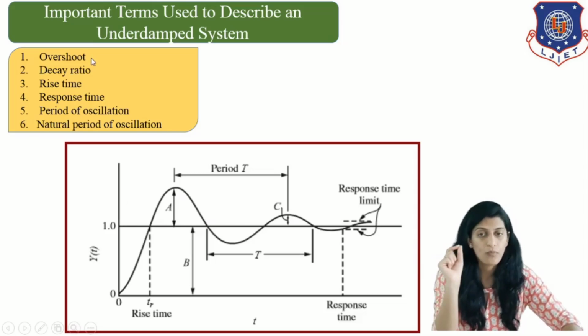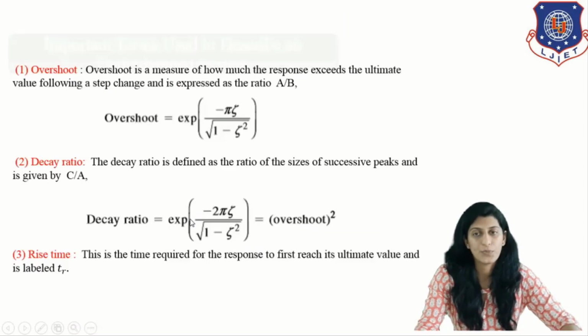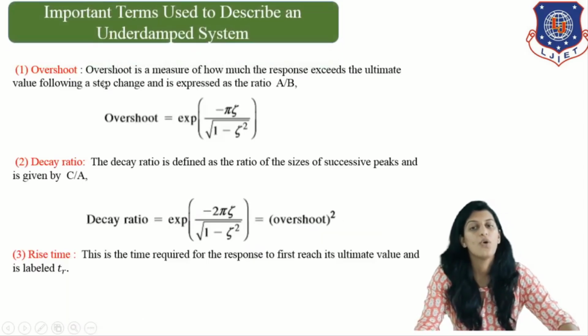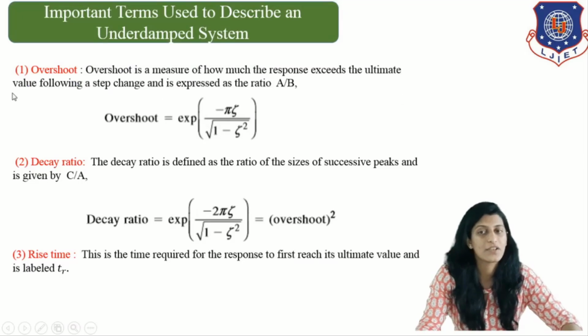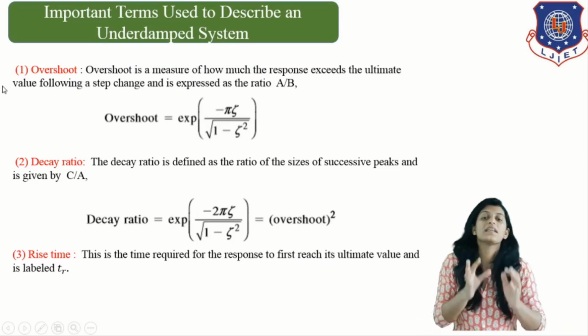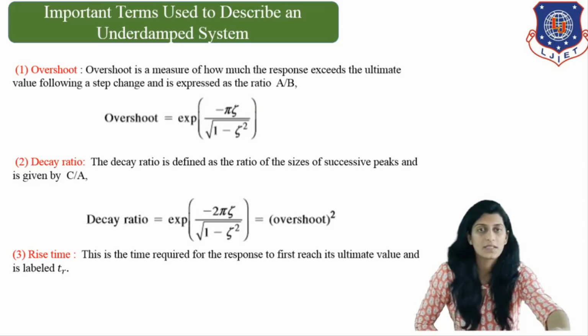Overshoot. Overshoot refers to how much our response exceeded the ultimate value. Overshoot is a measure of how much the response exceeds the ultimate value. Ultimate value is basically the value which we need at our output from the system, right.